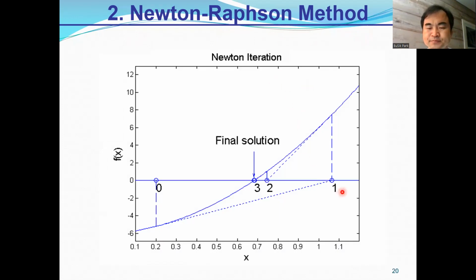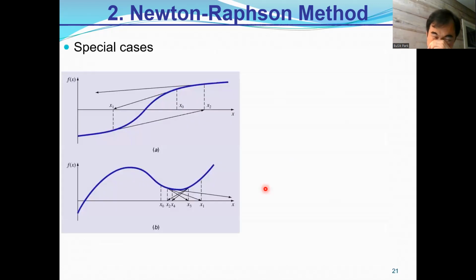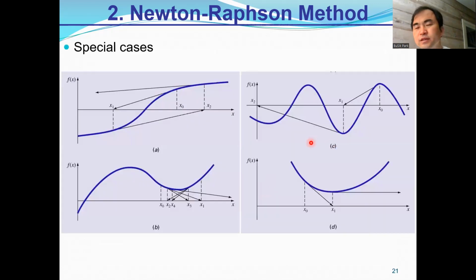Using that. However, in the Newton-Raphson method, there is a first initial point, and then the 1st, 2nd, and 3rd points. And this is the Newton-Raphson method. However, it does not always converge.